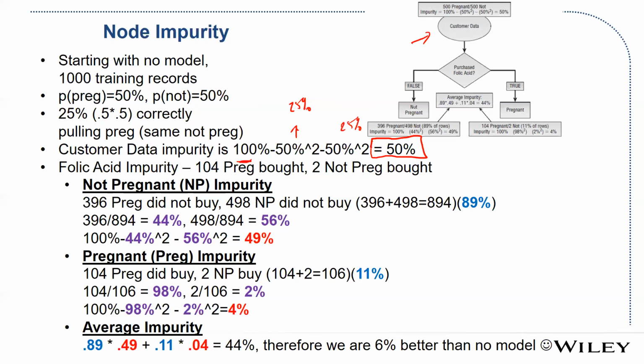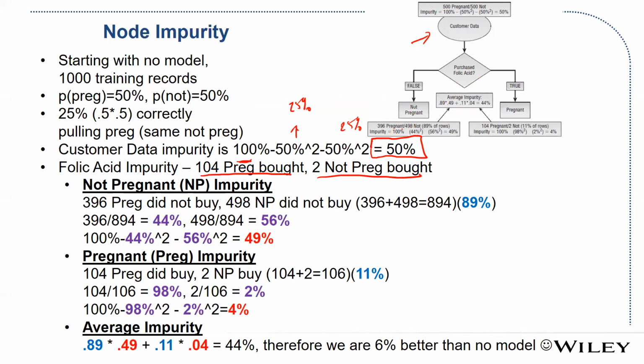And the way we do this is if we come down here into folic acid, we said that 104 pregnant persons bought folic acid, and then 2% of not pregnant bought folic acid. So if we come over here into our chart, then we can say that not pregnant is going to be 396.